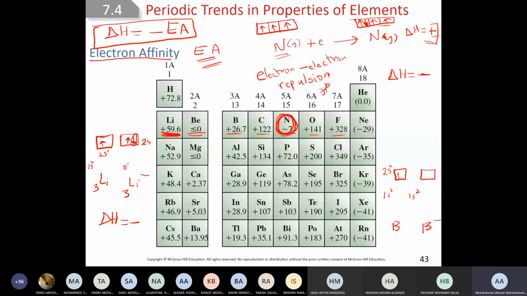What comes after 2s2? 2p, and it was empty. When you make it B minus, where are you going to put the electron?